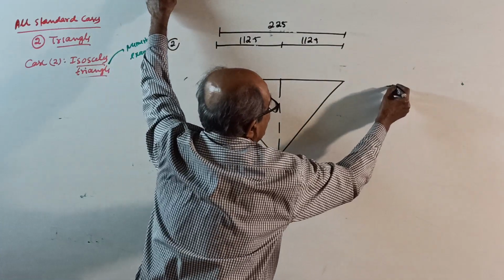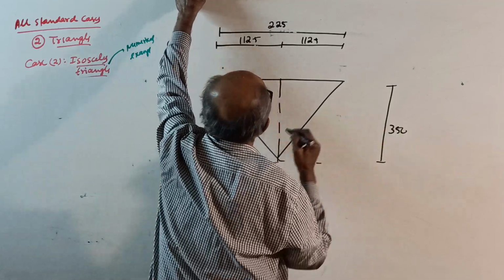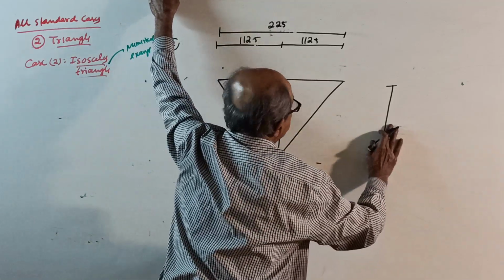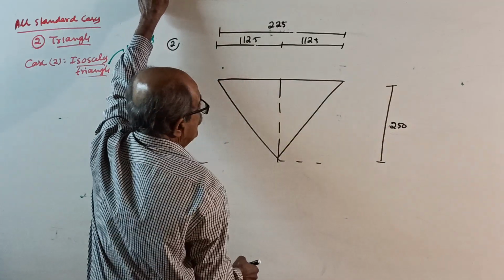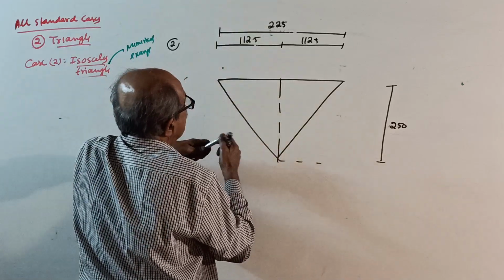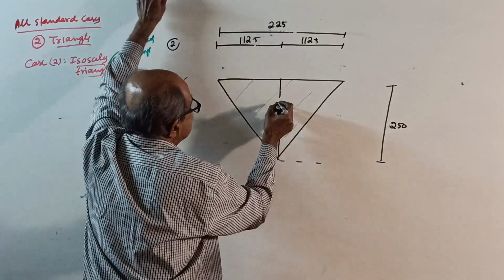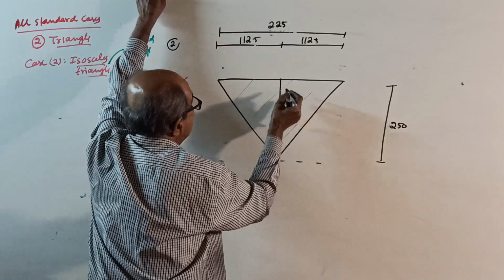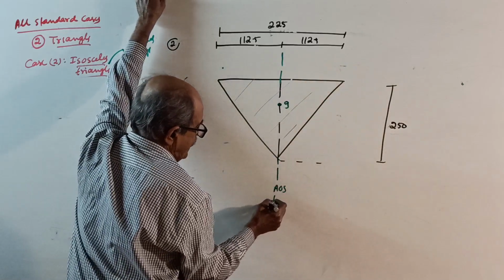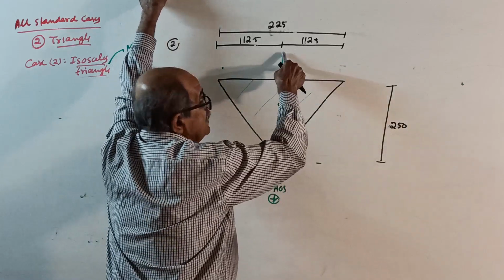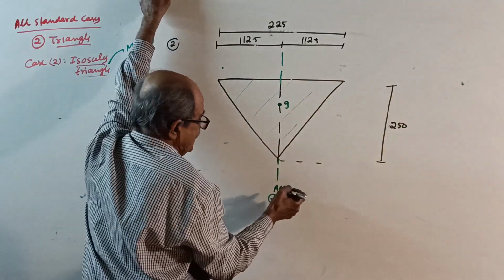And this way height, some height required, given in the question, 250. Okay, now, see, the full triangle comes here, as it is, isosceles triangle. Centroid G is here. See, this is your axis of symmetry. So star will come. It is not the edge, it is an in-between special thing.